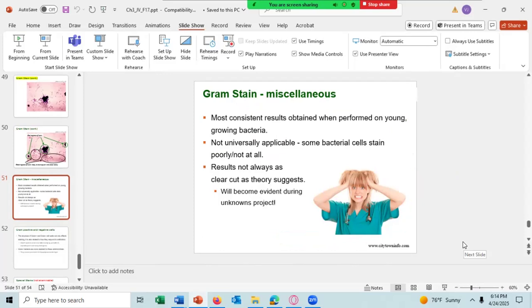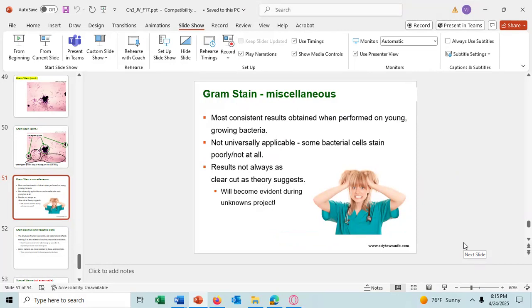You'll note that the Gram stain will be a little difficult, especially when you're first learning it. Most consistent results are obtained when you perform the Gram stain on young growing bacteria. If your cells are greater than 2 days old, you should not use them.